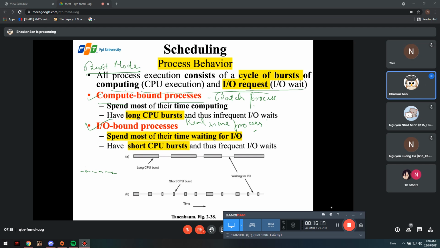So in this case, it is a short CPU burst followed by short and frequent IO burst. So frequent CPU burst, frequent IO burst, short CPU, short IO. And that's how our machine becomes so responsive.